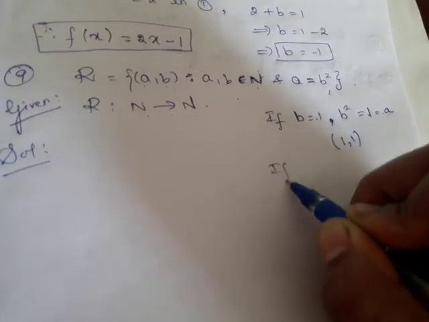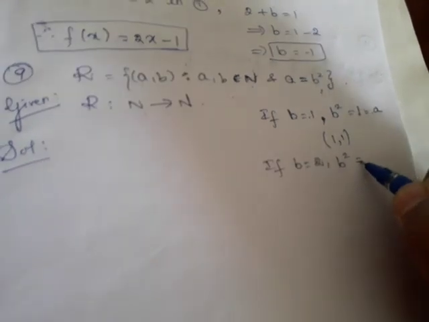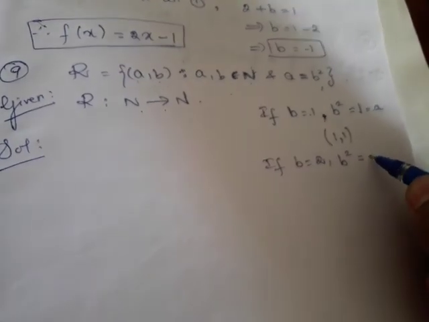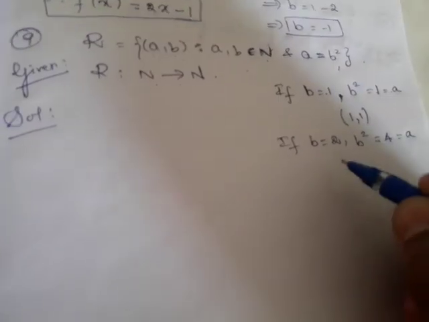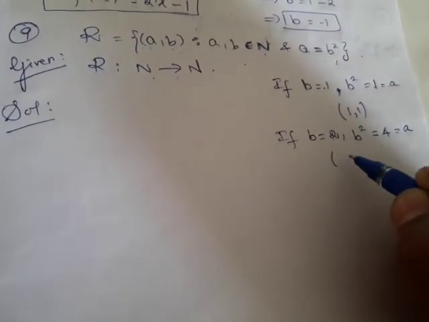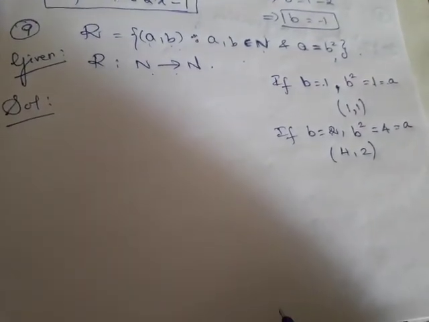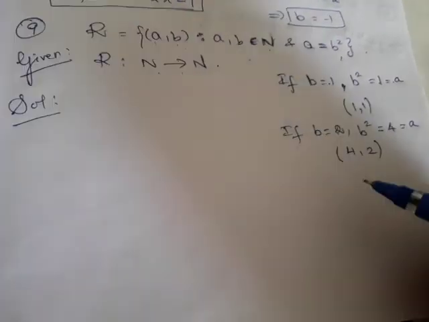Now if I take b equal to 2, then what is your b square? b square is 4, which is your a. So your second ordered pair is (a, b), 4 comma 2. Got it? Likewise it goes on.